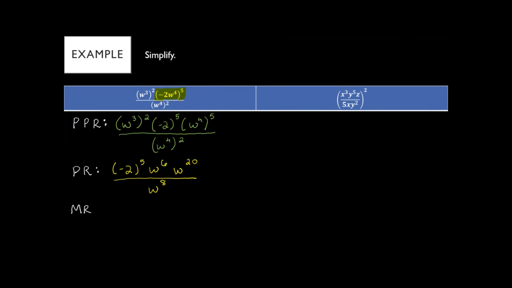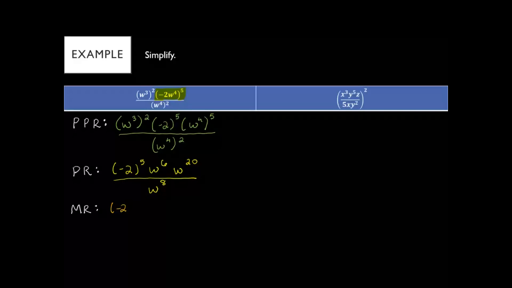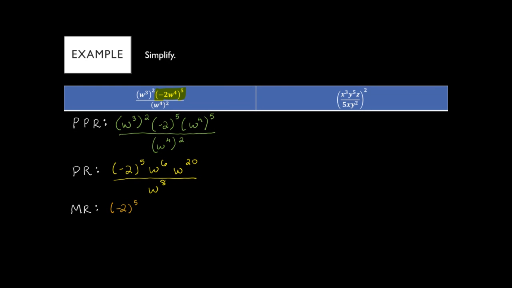So multiplication rule, so I'm going to do the top. So the negative 2 to the fifth is staying the same. And then I add my exponents when you're multiplying them. So 6 plus 20 is 26. And then it's over w to the eighth.